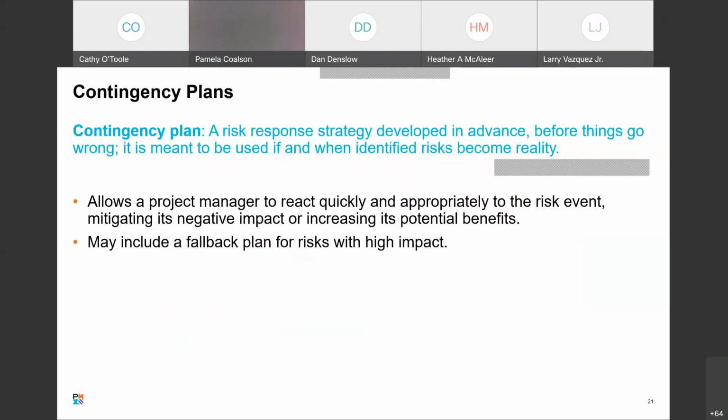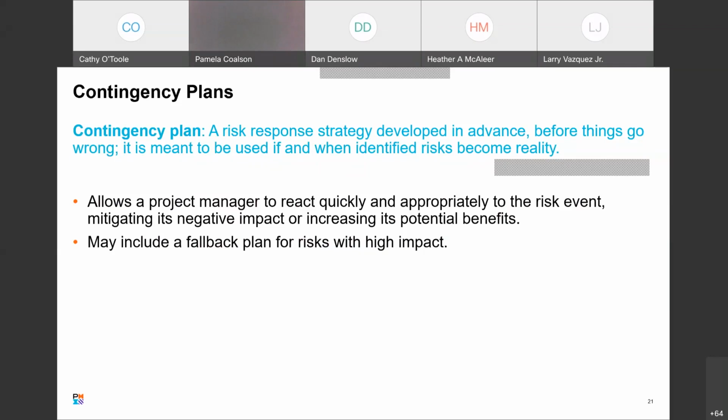So in a contingency plan, I've seen where some people actually put in a small bucket of money in their budget. This will allow a project manager to react quickly and appropriately to any risk event, mitigating its negative impact or increasing its potential benefits. And it also may include a fallback plan for risks with high impact.